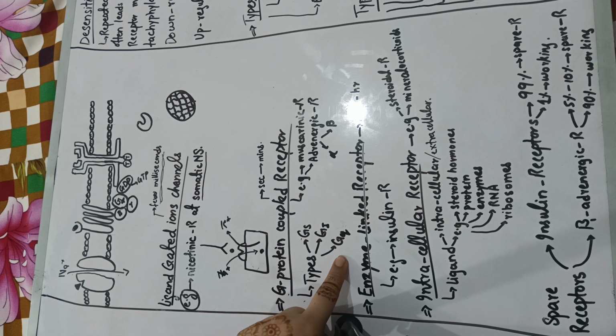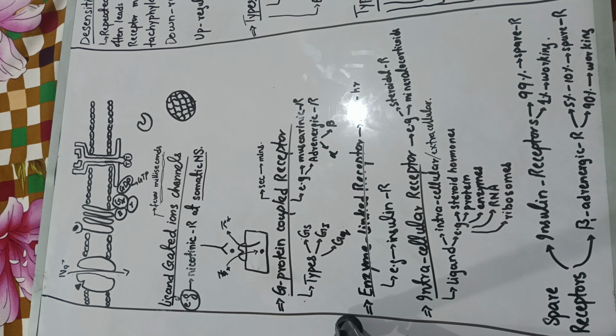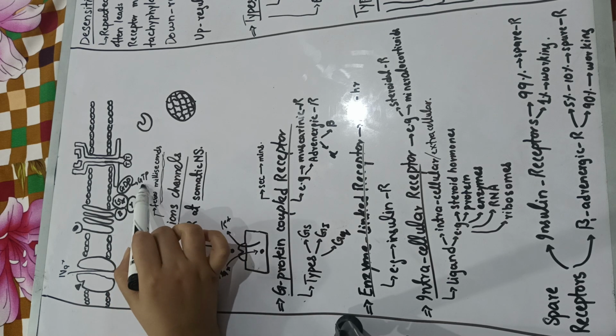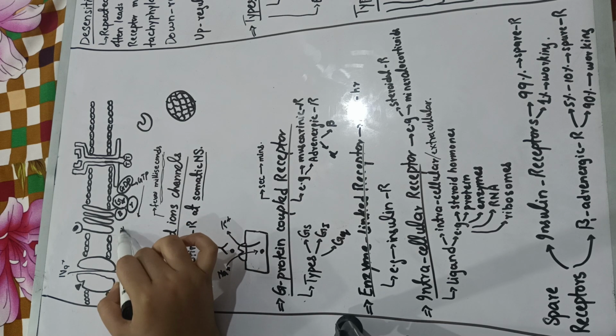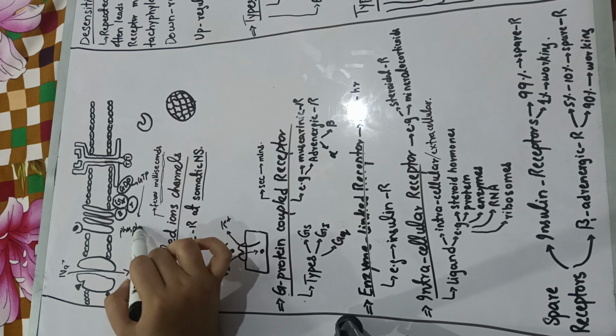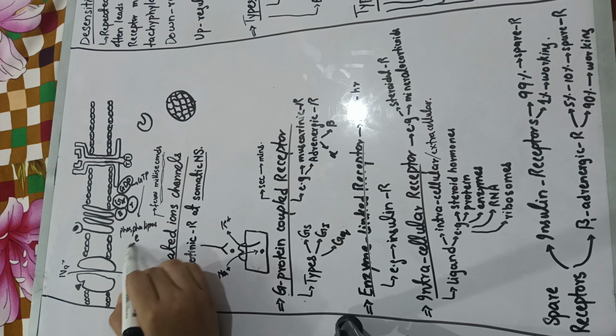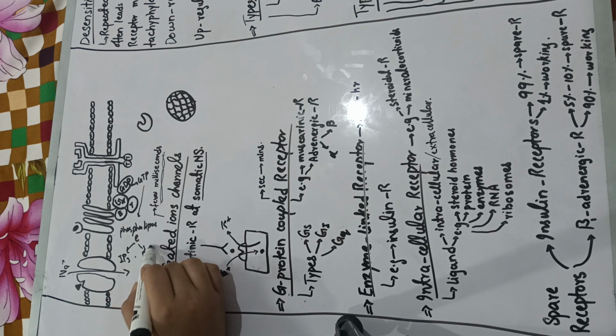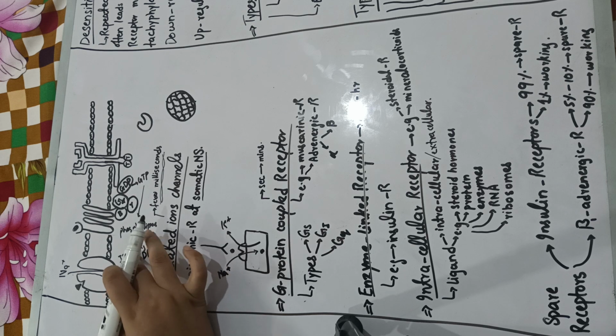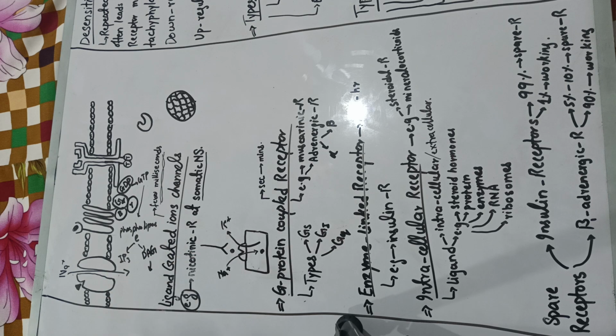Now the last is the GQ. GQ has a different mechanism, so it is activating other types of secondary messengers. After the attachment, your GTP will activate phospholipase C, and phospholipase C will produce two things: inositol triphosphate (IP3) and diacylglycerol. Diacylglycerol will produce the cellular response inside your cells.